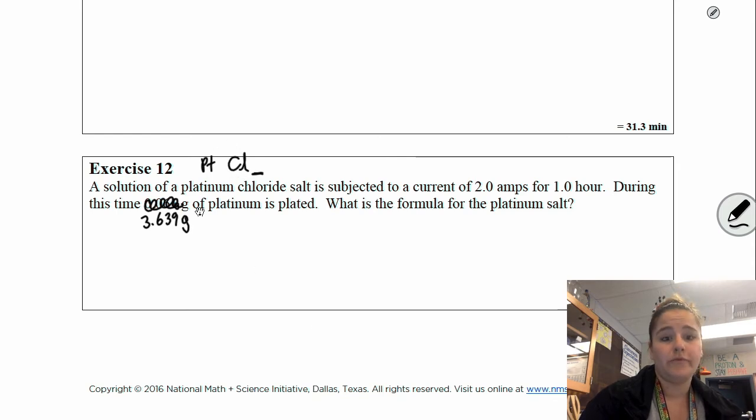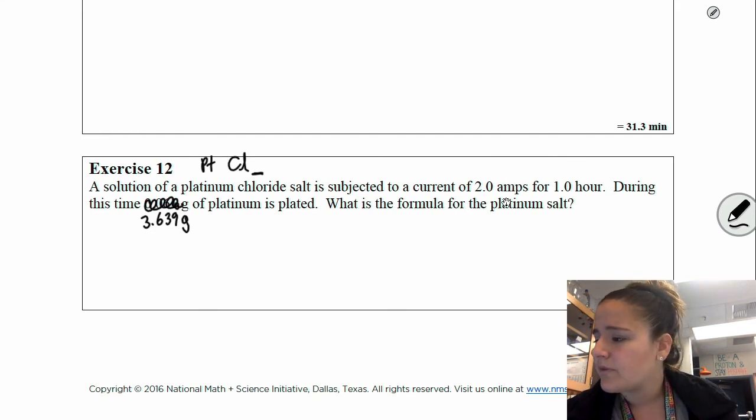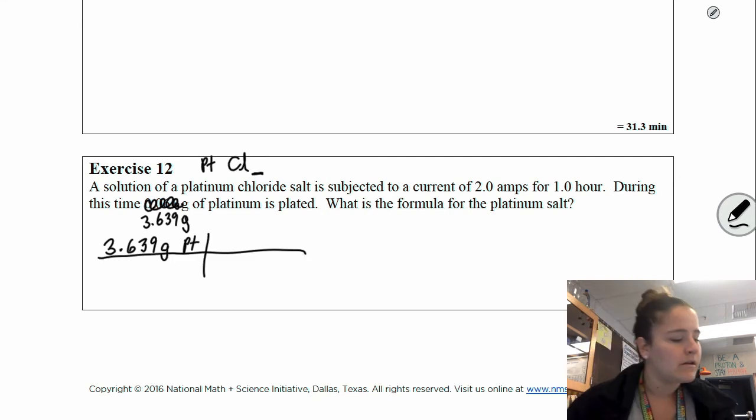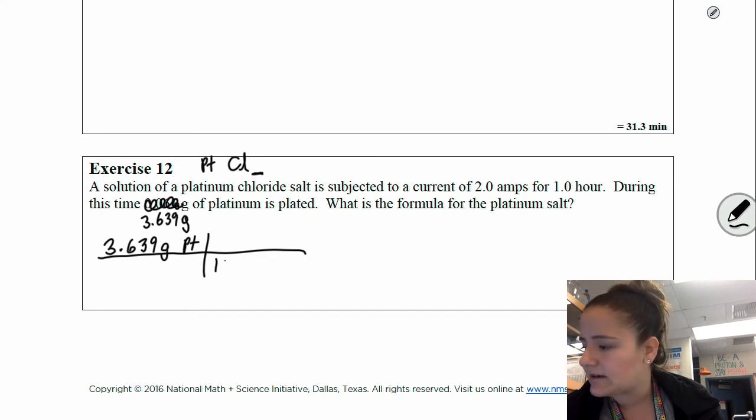So first, let's go ahead and convert the grams plated into moles because I can work with these to get my moles of electrons. If I have 3.639 grams of platinum, the molar mass of platinum from the periodic table is 195.08 grams per 1 mole.